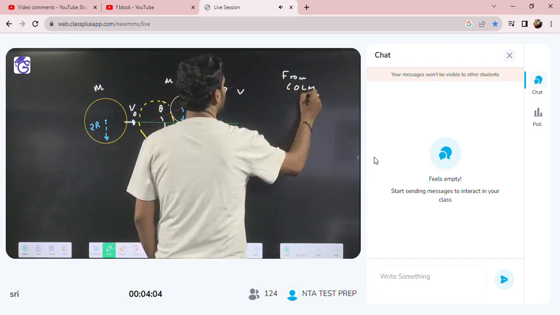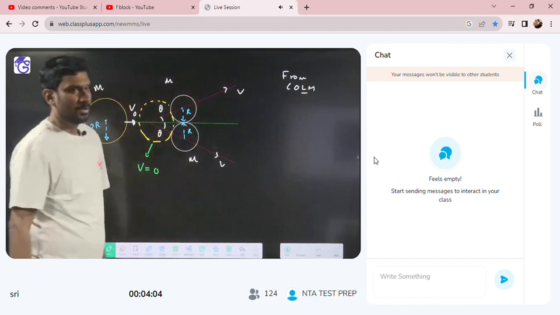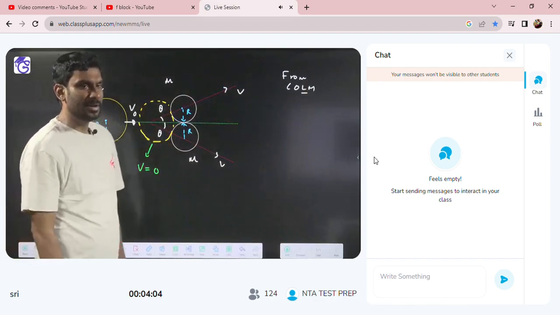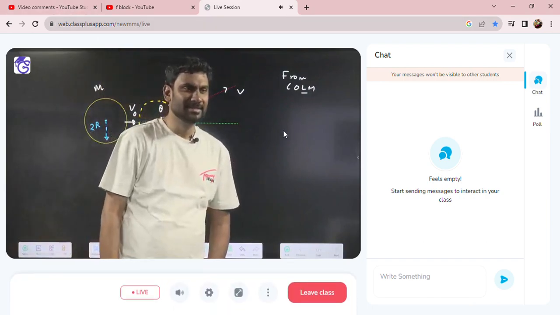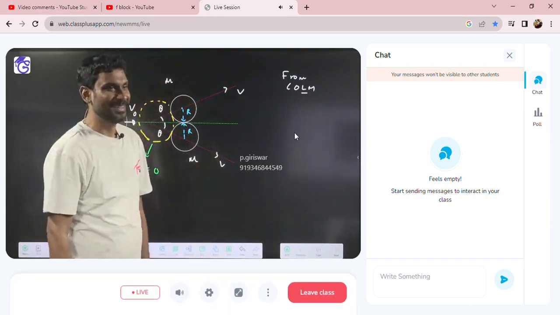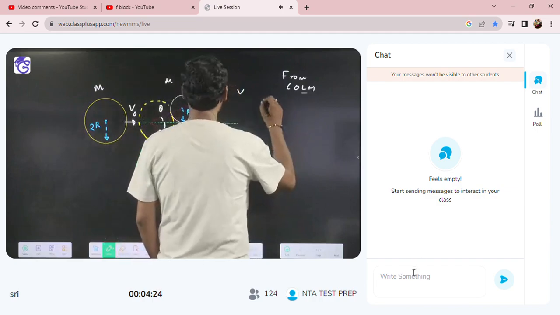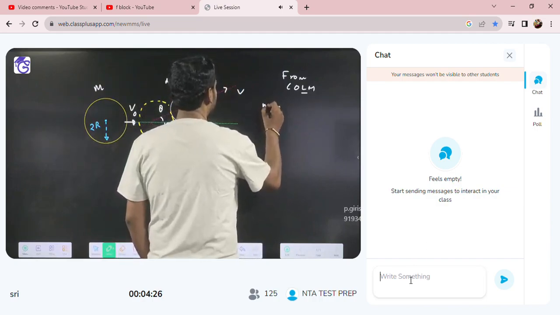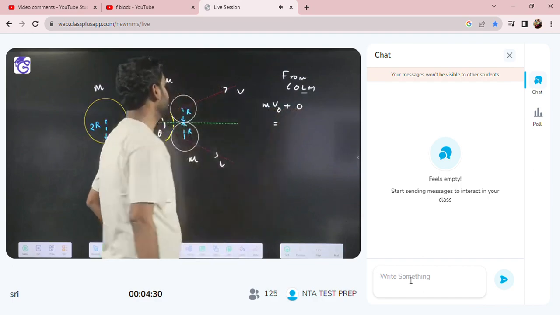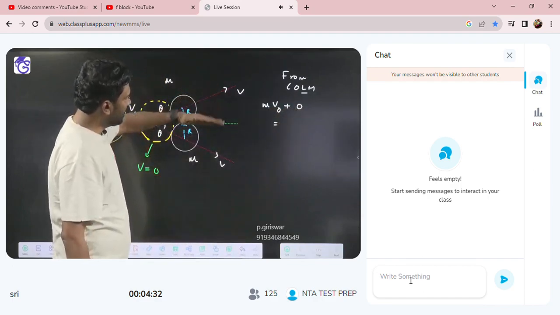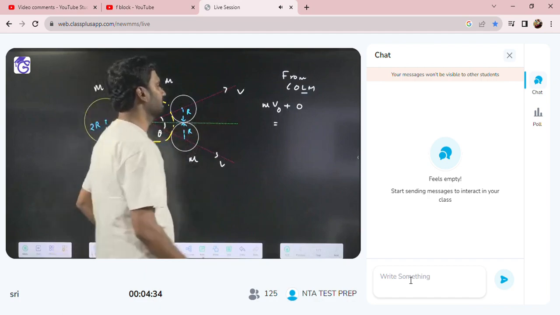Conservation of linear momentum, we can write m into v naught plus 0 is equal to, see, this is mv cos theta, this is also mv cos theta.